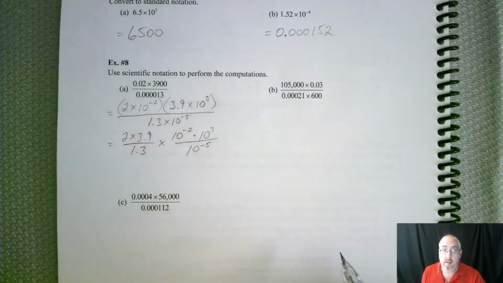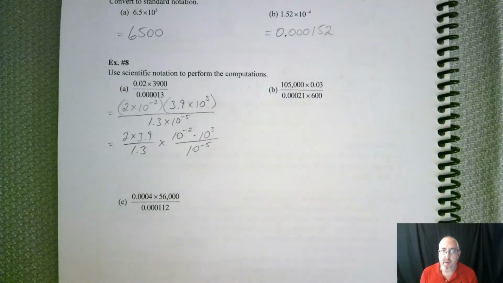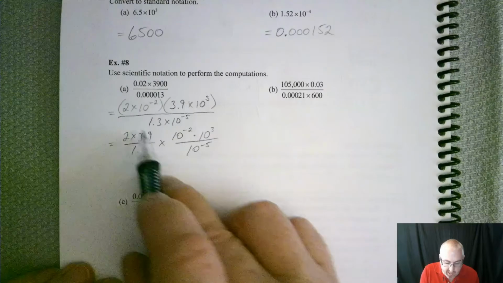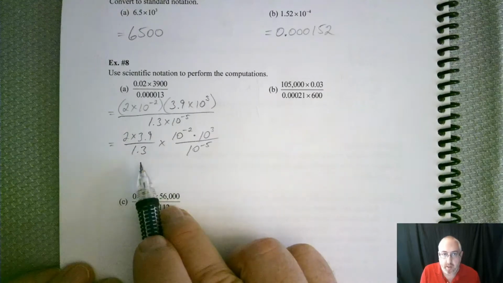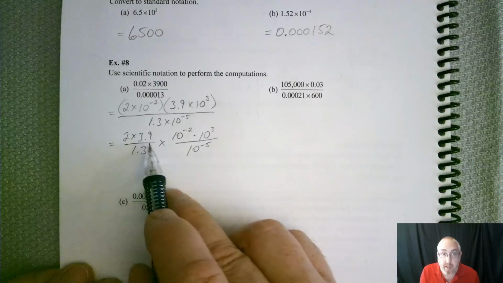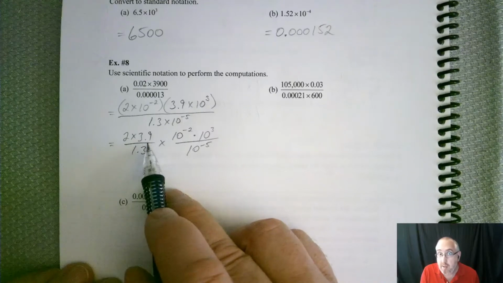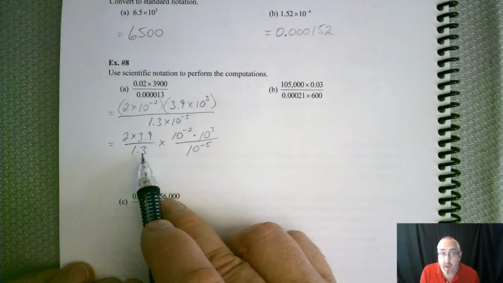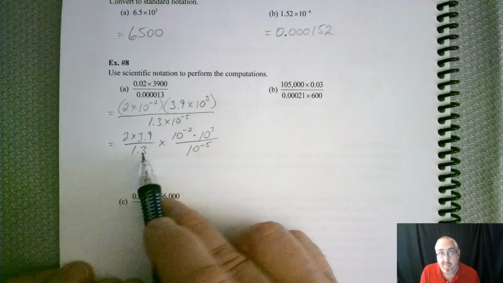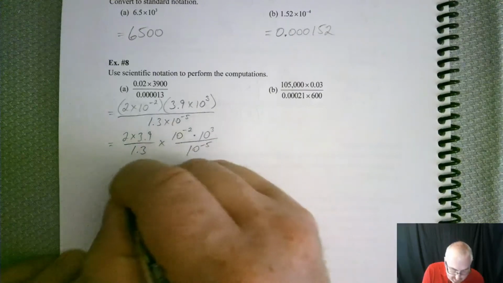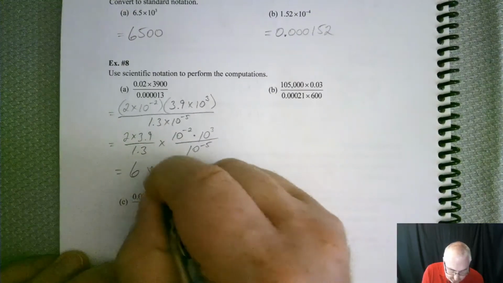And so that kind of keeps them separated and just going together easier. So now we can just kind of crunch all of this on our calculator. So if you multiply 2 times 3.9, that's 7.8. 7.8 divided by 1.3, well, that's 6. So that's just going to boil down to a 6.